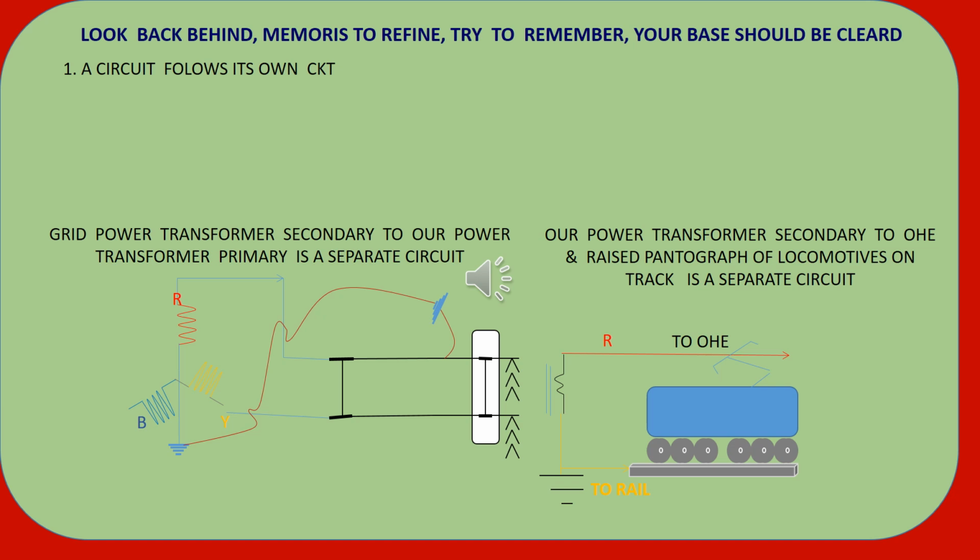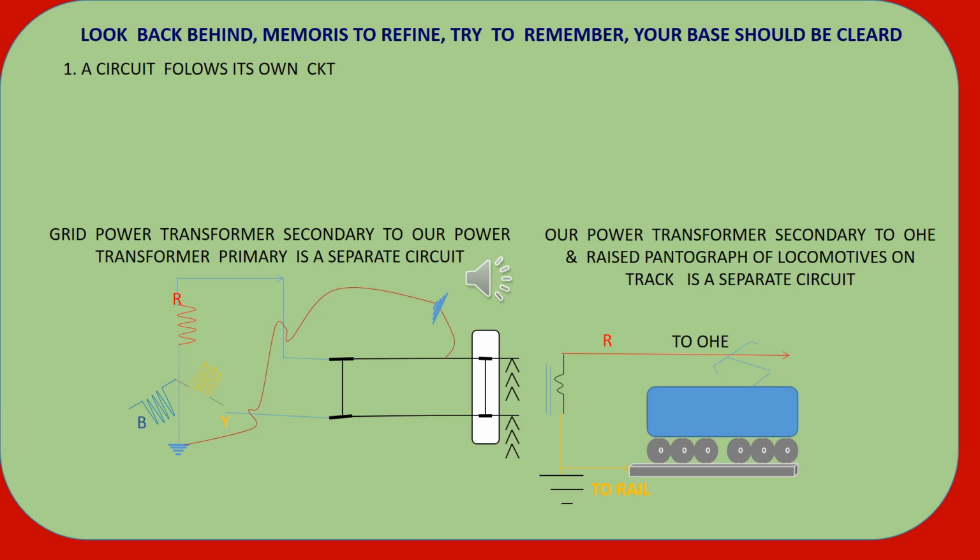Suppose an earth fault, I have shown it here. Before the isolator, before the circuit breaker, if any earth fault is there, it will affect the primary circuit. But if the primary circuit power is switched off, then secondary power should also be switched off. But we can extend power.